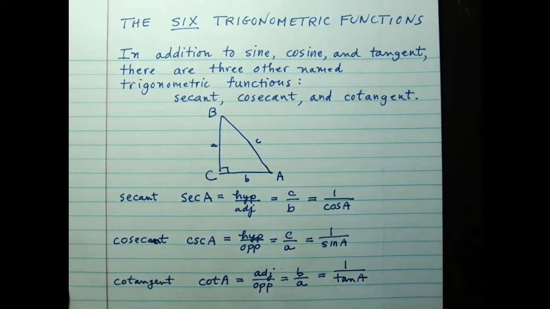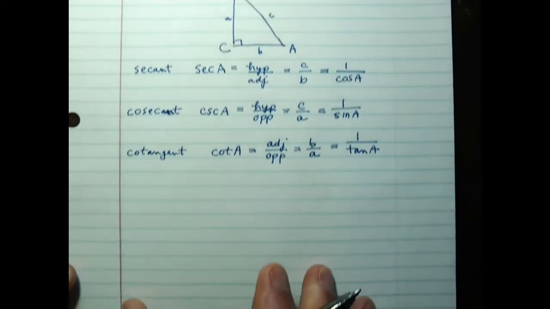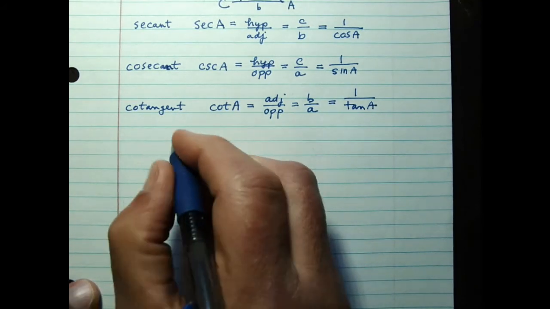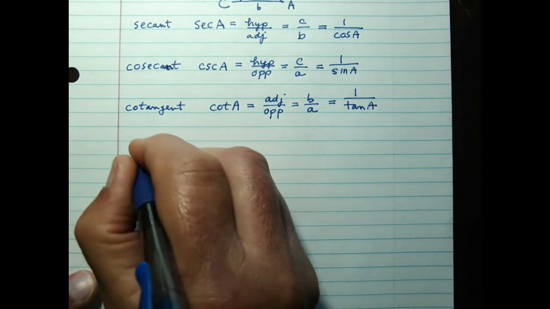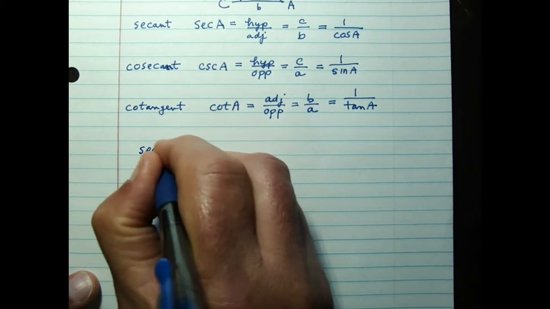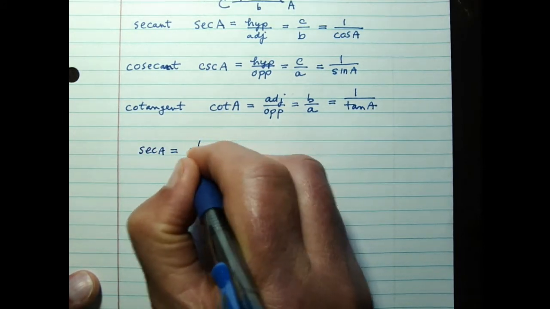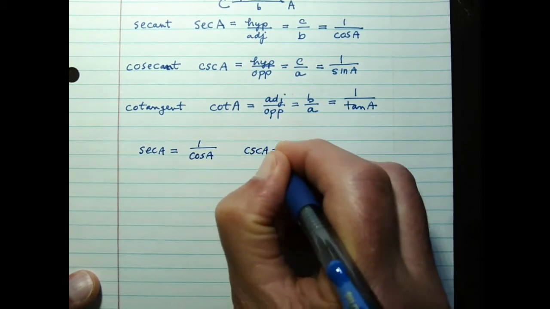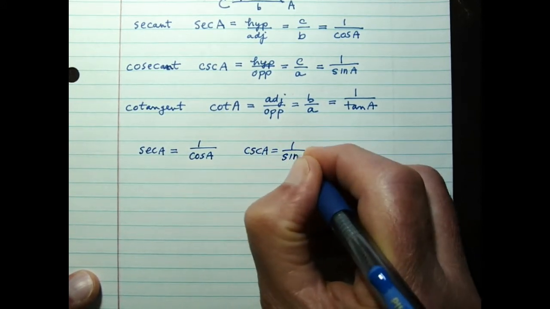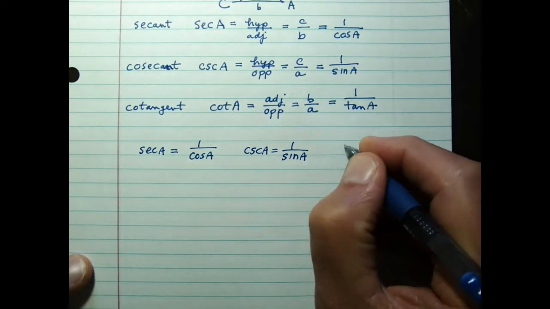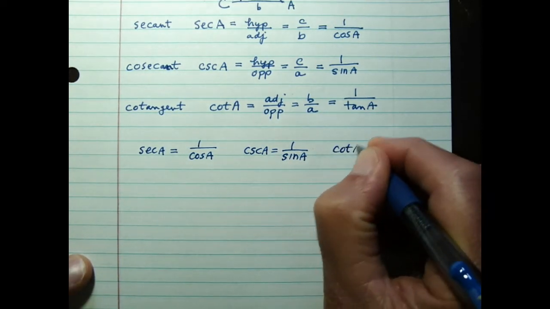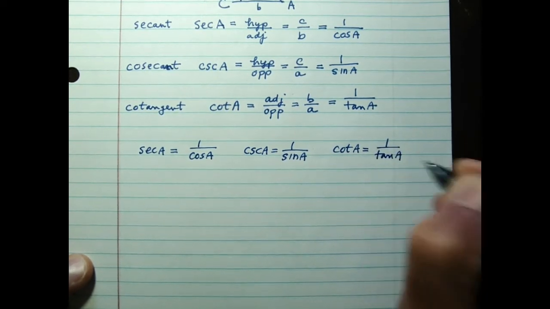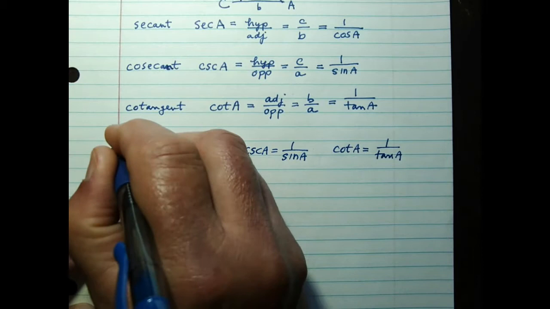So what you want to remember isn't so much all these different ratios, but I just memorized that secant A is 1 over cosine A. Cosecant A is 1 over sine A, and cotangent A is 1 over tangent A. And let's maybe put this in a box.